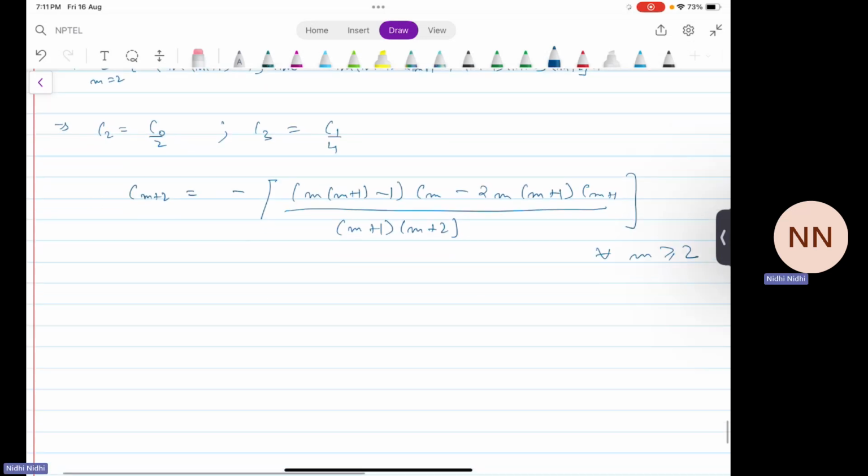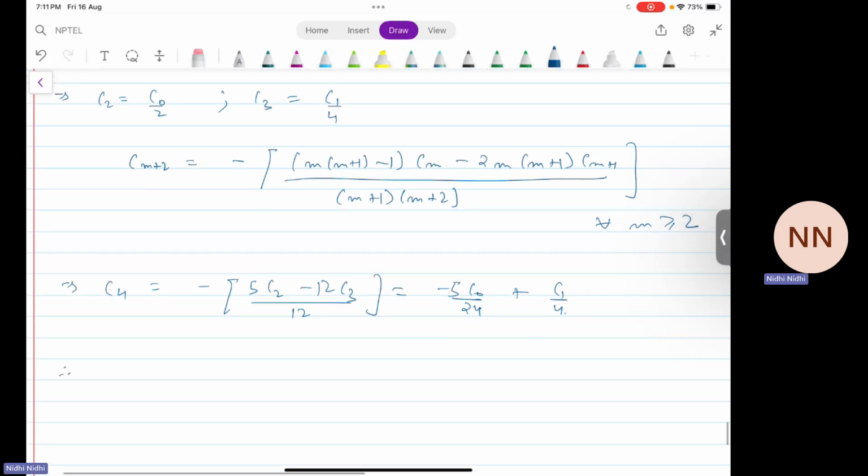So this gives us C4 is equal to minus 5C2 minus 12C3 by 12, which would be minus 5C0 by 24 plus C1 by 4. And similarly, you can find rest of the terms C5, C6 and so on.